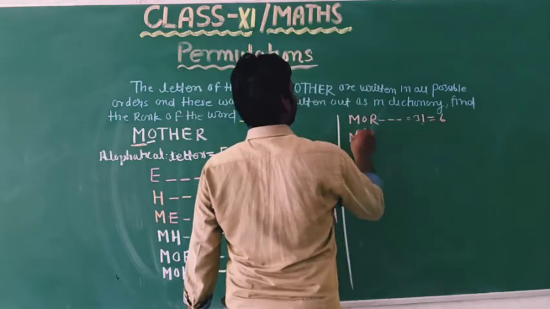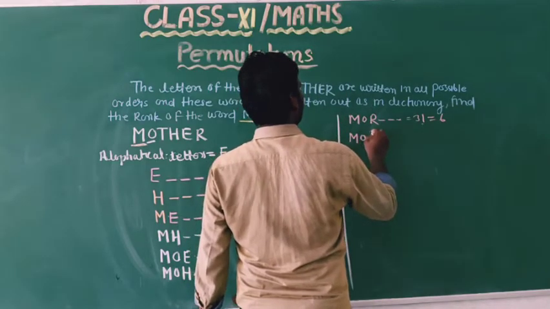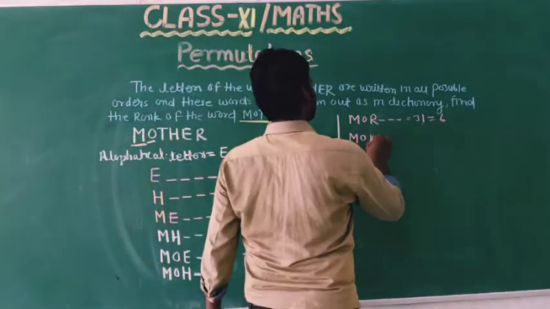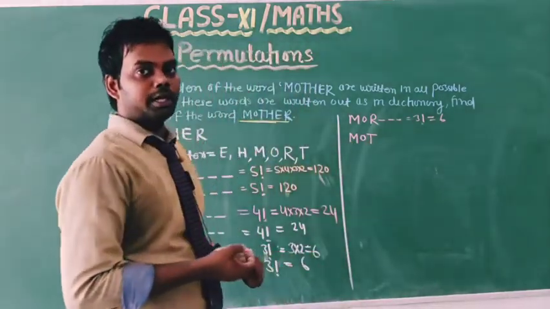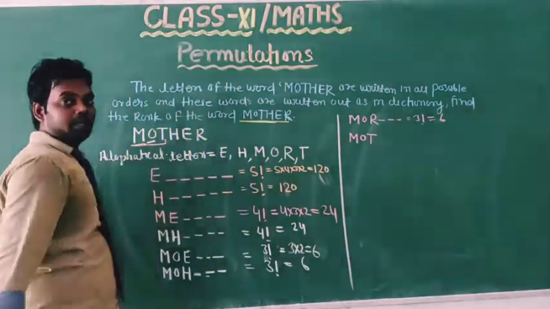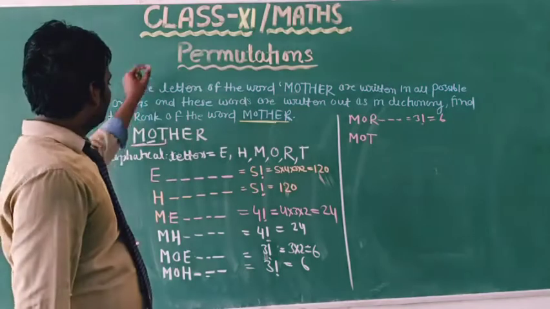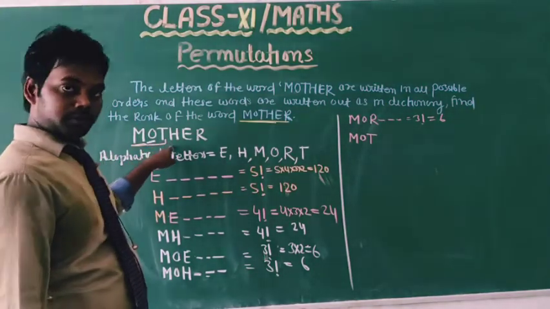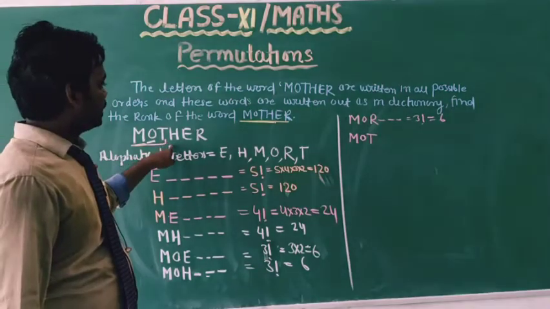Next M O R, and after R is T. T is here in the letters of the word MOTHER.